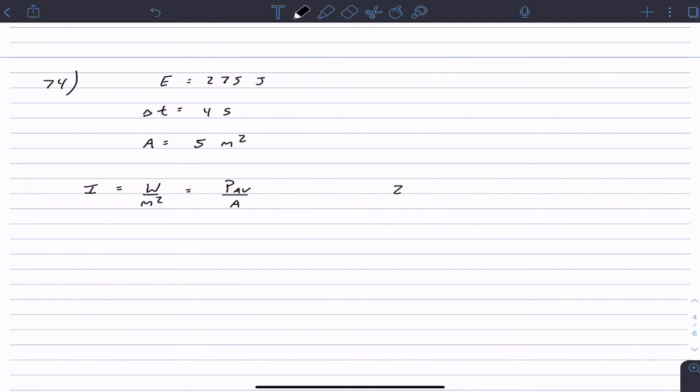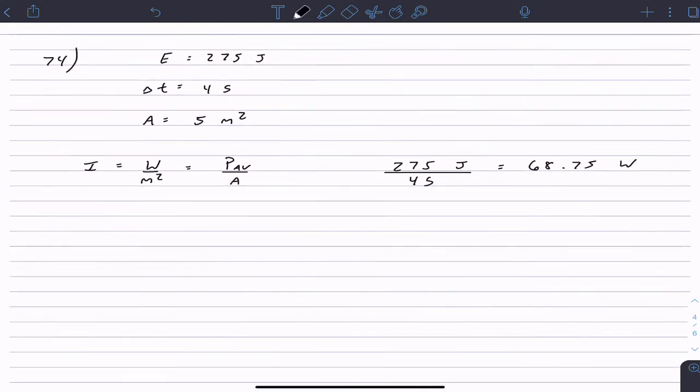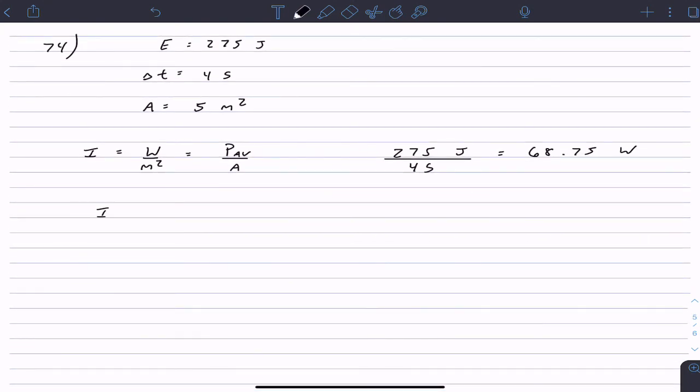So the total energy output over the total time period gives us a value of 68.75. This is power, so that's watts, joules over seconds.